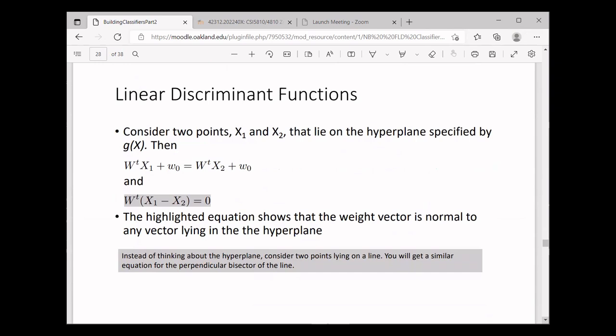Let's recap linear discriminant functions. When you have a linear function, typically it will also have a constant term, or bias term, as people call it. So in the most general form, your linear discriminant function g(x) can be written as W transpose x plus W0.